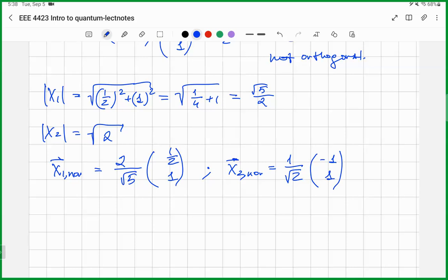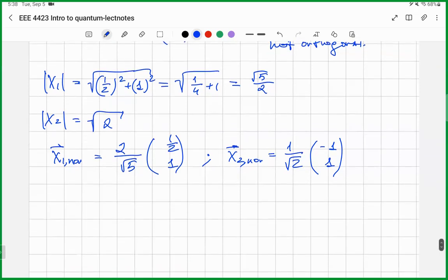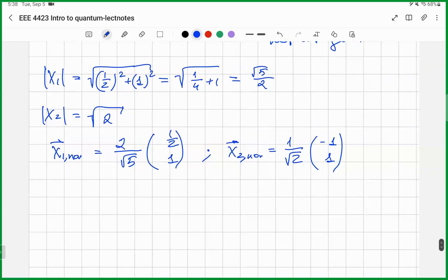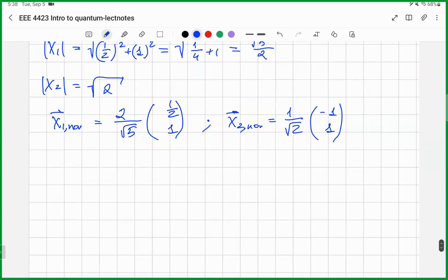Okay. So normalized vectors just denote the direction in this two-dimensional space, rather than anything else. Yeah, normalized vectors. And these vectors are not orthogonal.